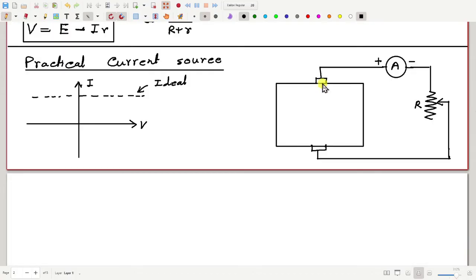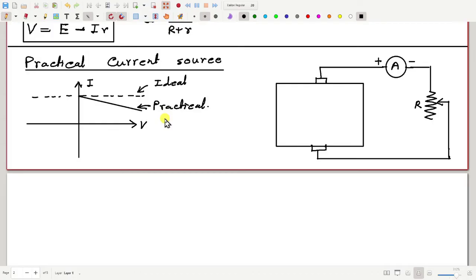For a practical current source, we will see that as the voltage increases, current drops. It doesn't stay constant, it drops like this.